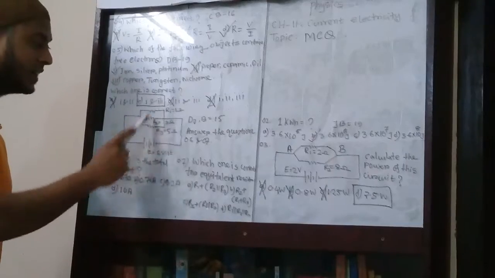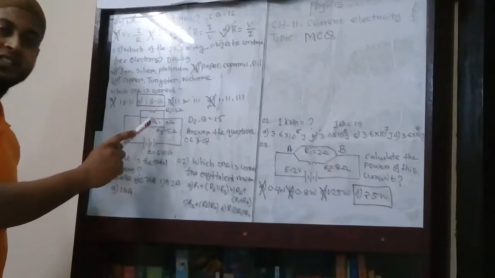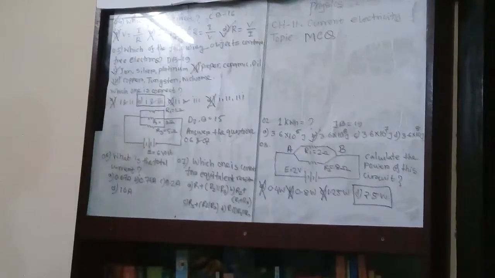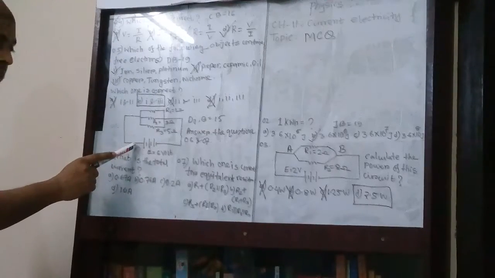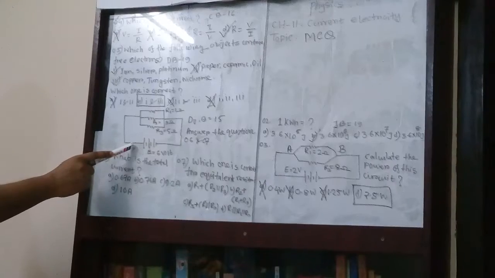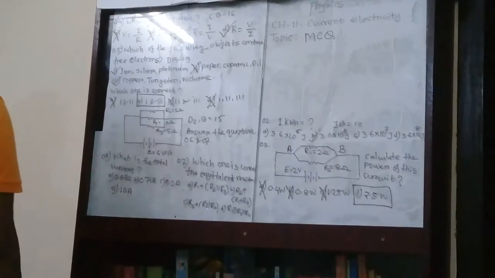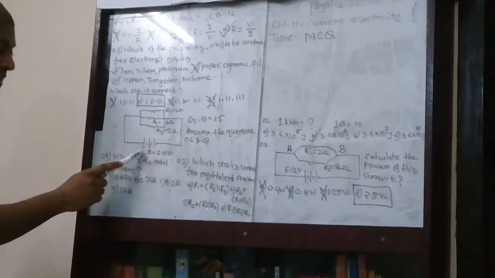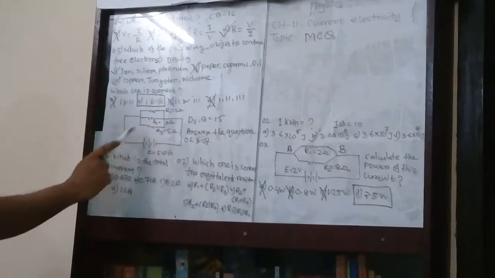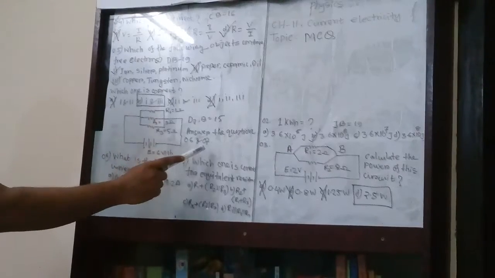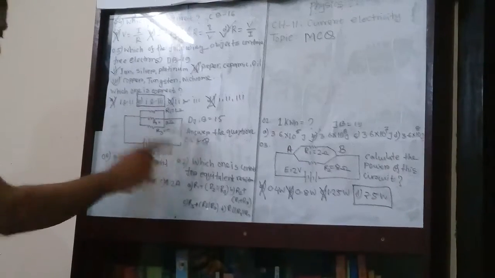So these are the given resistors, and the electromotive force E is equal to 6 volt. Now, on the basis of this system, we are going to solve question number 6 and question number 7.